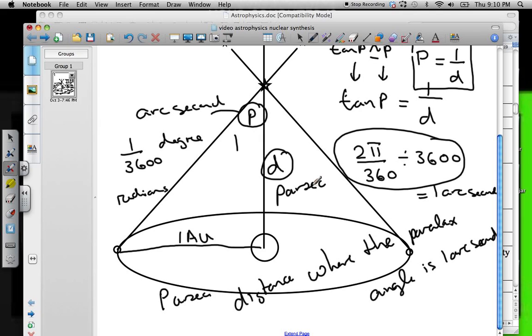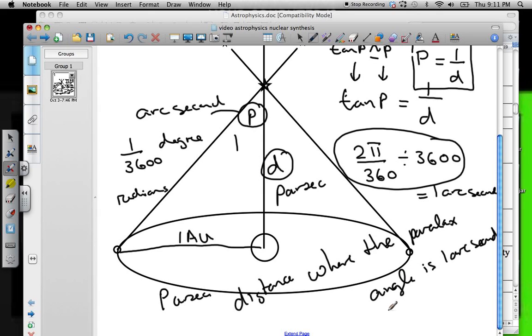Now, a parsec is, I think, equal to about 3.26 light years. So the closest star is actually a bit further than a parsec. So we can see how small this angle of the parallax method has to be, and this works well.